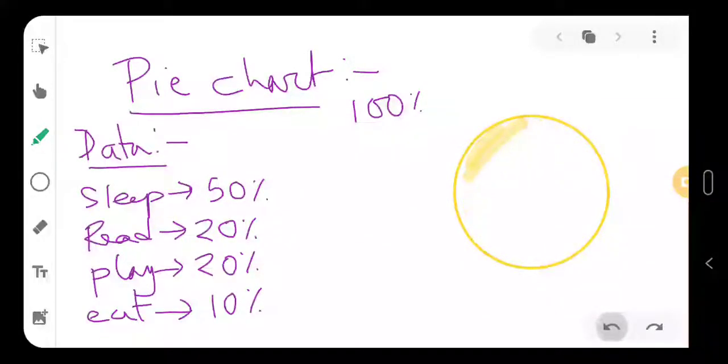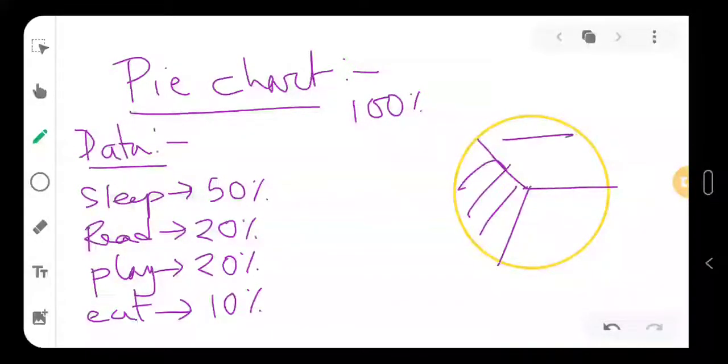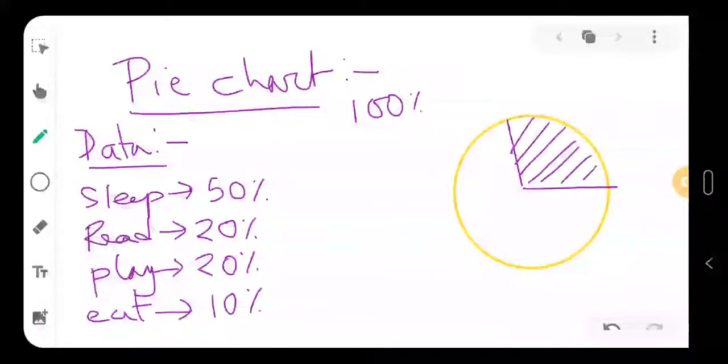How will we understand how much will be the separation, is that big or is this big? We must need some precise measurement. So what we do, we measure the angles between them. If I'm going to color this part, I'm going to measure this angle. According to that angle I'm going to draw.